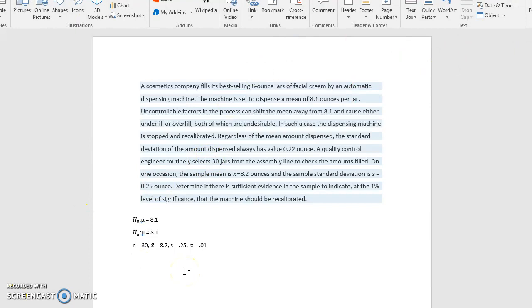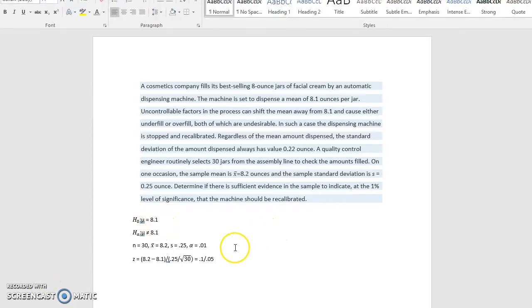Now we need to calculate our test statistic, so Z is our mean of 8.2 minus mu, which in our null hypothesis is 8.1, and we want to divide that by the standard deviation of 0.25 divided by the square root of 30.